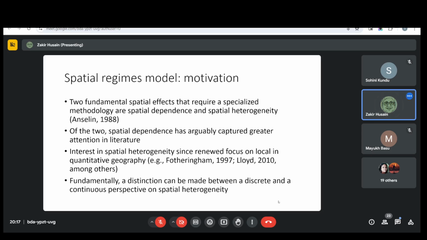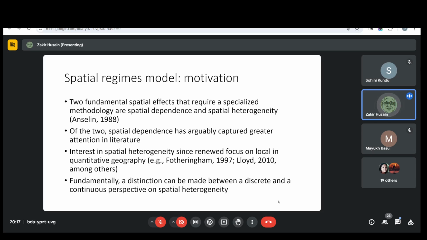So how do we analyze this using a regression model? When we are doing spatial analysis, there are two dimensions which are very important, which are incorporated in regression models. The first dimension is spatial dependence. The value of y in one region depends upon the value in the neighbors.